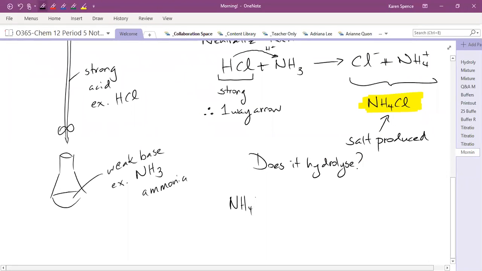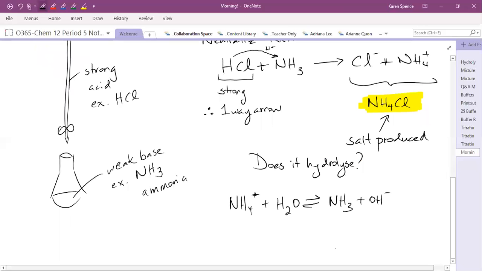So we have NH4 will react with the water, and we will get NH3 plus OH minus.